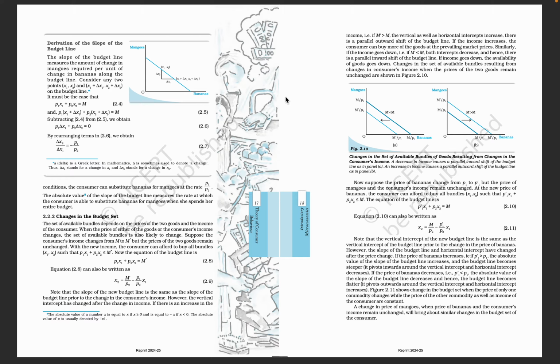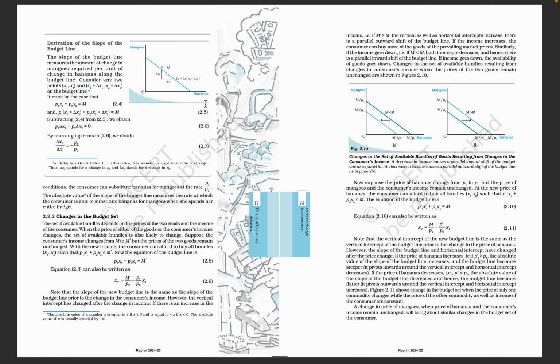At the new price of the bananas, the consumer can afford to buy all bundles x1, x2 such that P1 prime x1 plus P2 x2 is less than or equal to M. The equation of the budget line is P1 prime x1 plus P2 x2 equal to M, or x2 equal to M by P2 minus P1 prime by P2 x1.